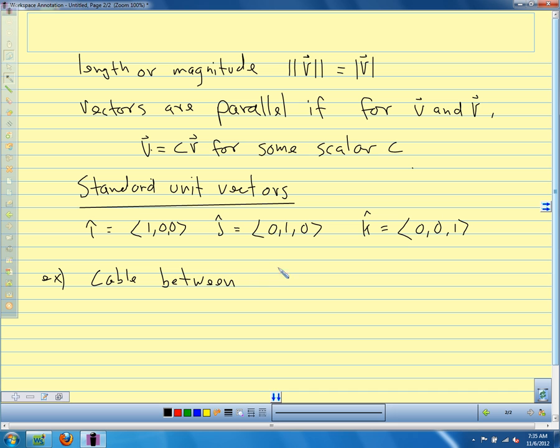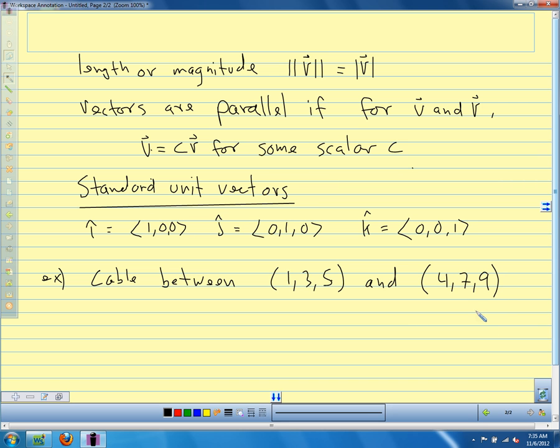Let's say it's stretched between the points 1, 3, 5, and the point 4, 7, 9.